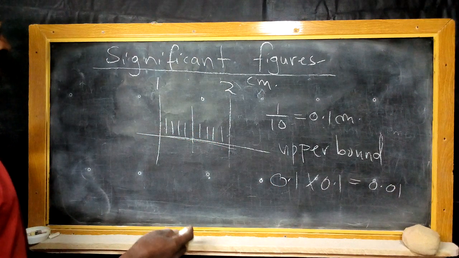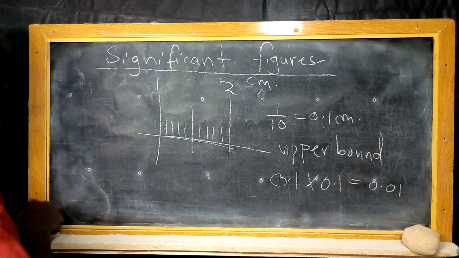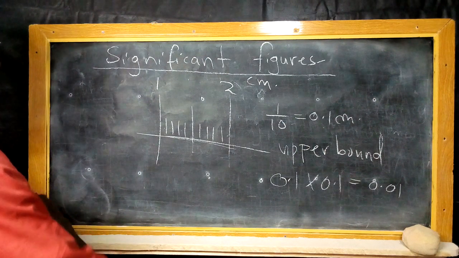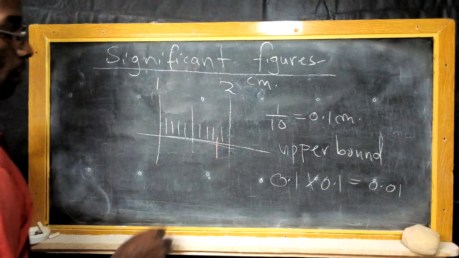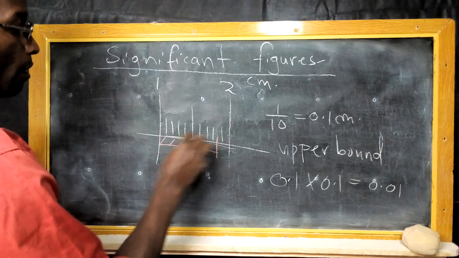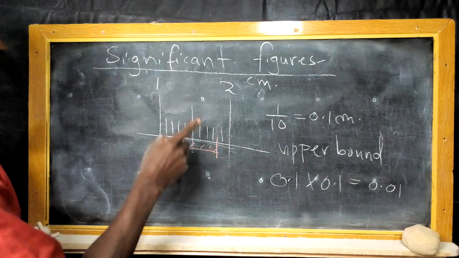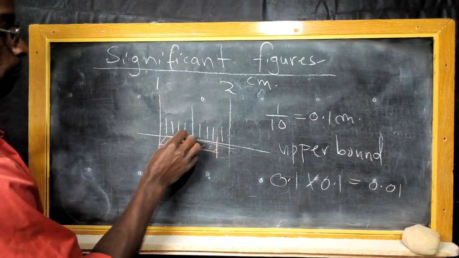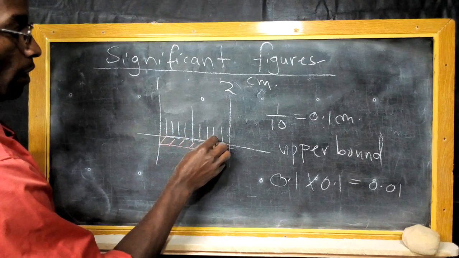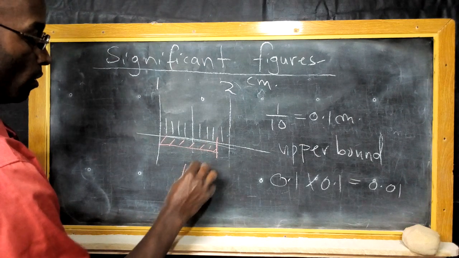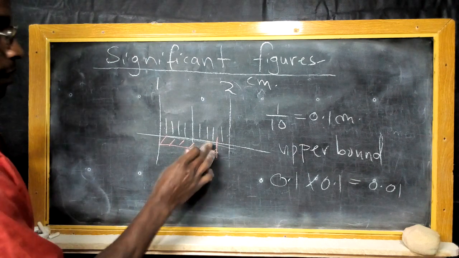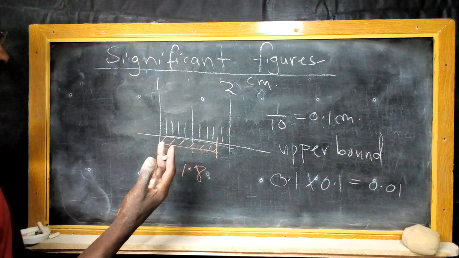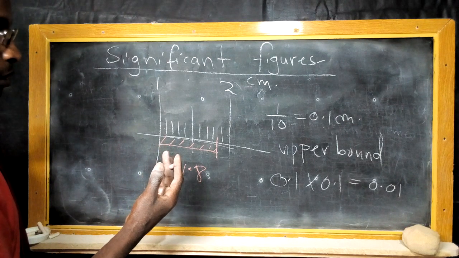So in case I make a measurement from this particular point and it terminates at that point, then I can say that it is 1 point, of course, this is 1, 2, 3, 4, 5, 6, 7, 8. 1.8. And then the third figure, I do not have any uncertainty about it.